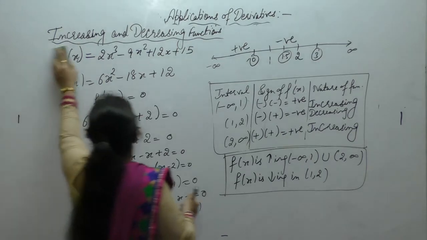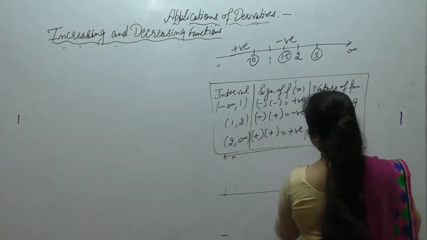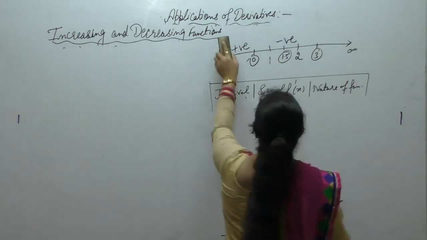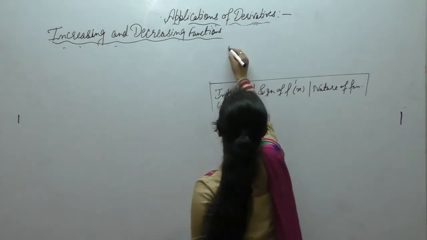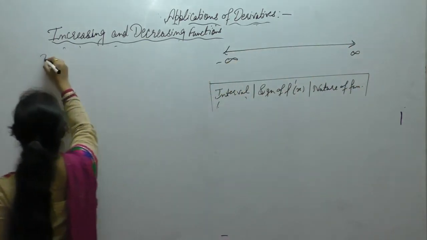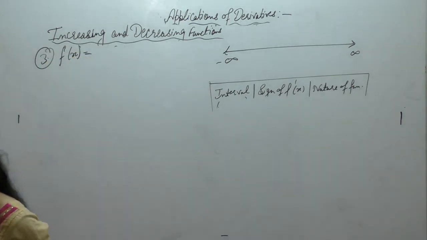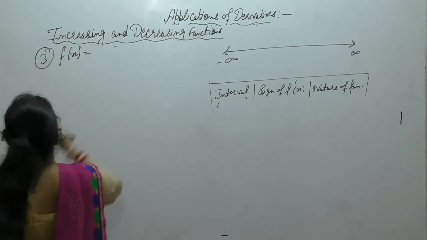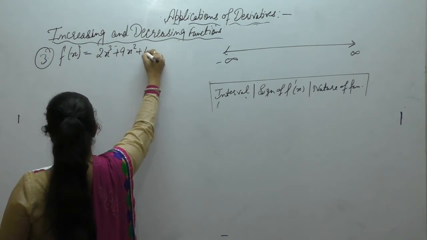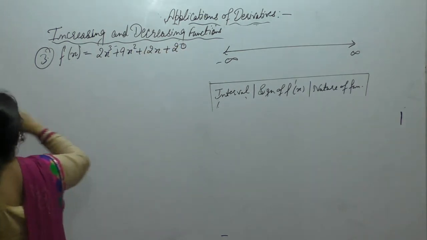Now the next one. Question number 3. Find the interval in which the function 2x cube plus 9x square plus 12x plus 20 is increasing and decreasing.